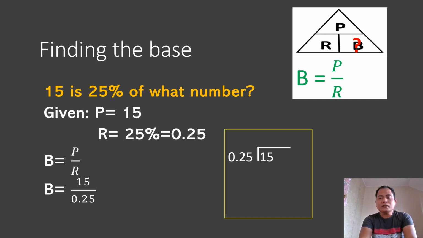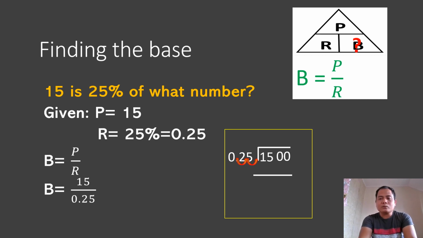So we move the decimal point to the right 2 times. Dadagdag tayo ng dalawang 0 kasi wala siyang decimal point, so we will just add 2 zeros. So this time our number is 1,500 divided by 25.